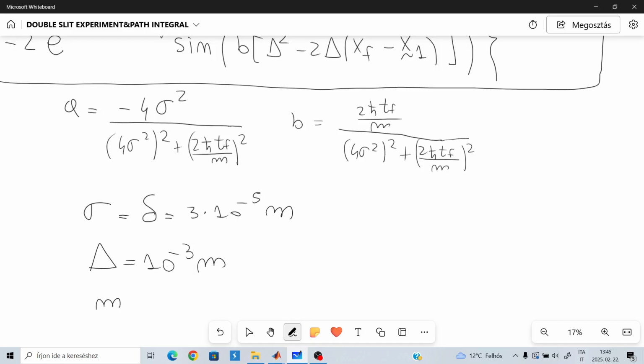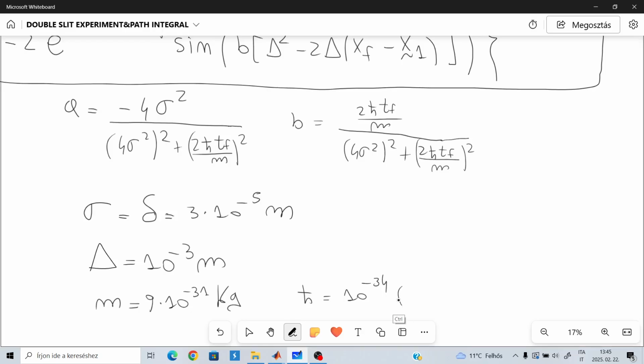Then I choose the mass of the particle, which is the mass of the electron. I think of the particle as an electron, which is of the order of 9 times 10 to the minus 31 kilograms. And then I have, of course, the reduced Planck constant, which is of the order of 10 to the minus 34, in standard units, joules per second.